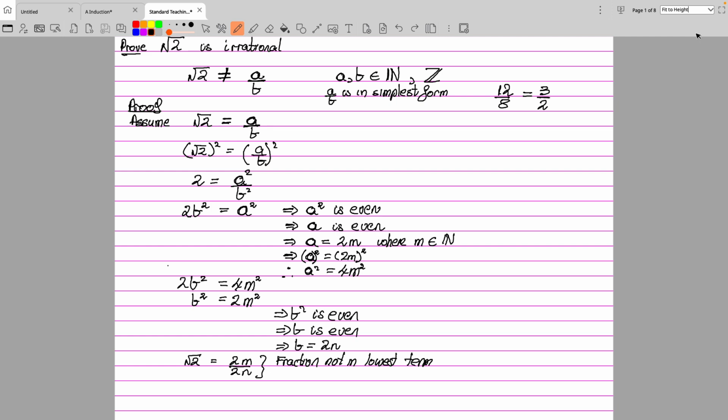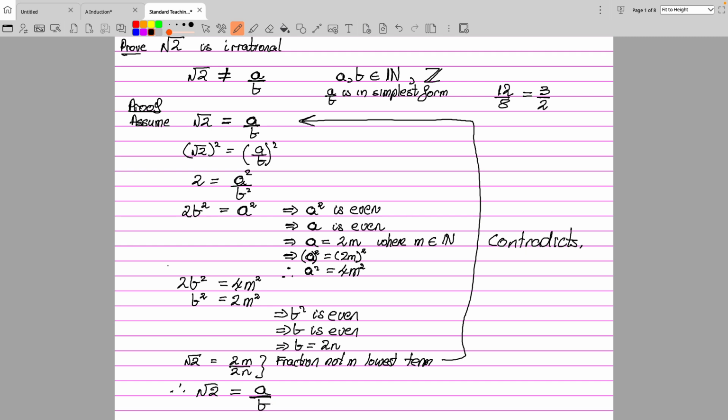So therefore, this contradicts that. Therefore, root 2 cannot equal a fraction in its lowest terms.